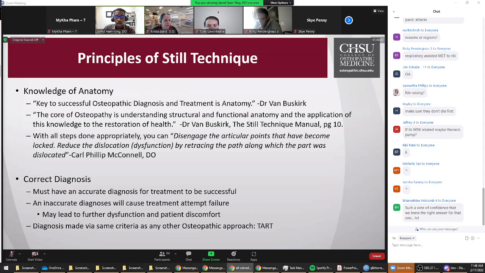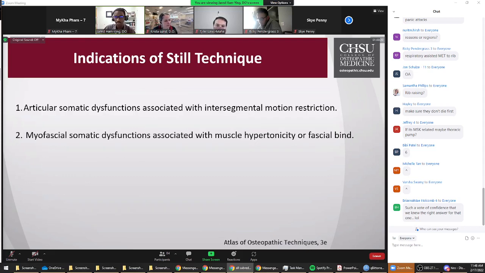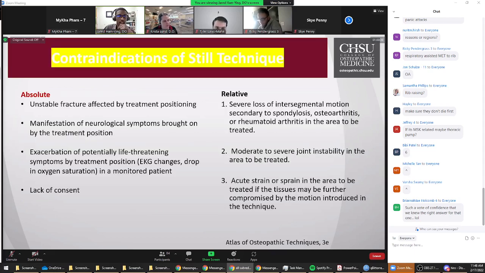So we're talking about knowing your anatomy, always having the correct diagnosis, always. Pivotal, you don't know it, can't really do a correct treatment. Indications, again, are pretty similar, very similar articular dysfunction, myofascial dysfunction. And then we're going to have our absolutes versus our relatives. These are the same absolute contraindications, a little bit different of our relative, but again, virtually pretty similar.